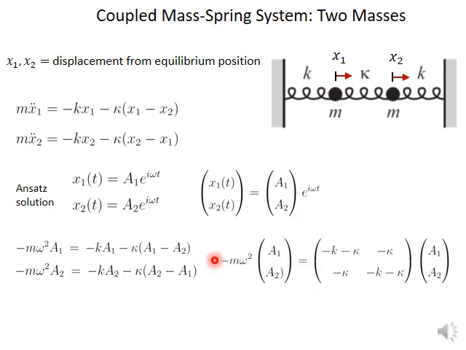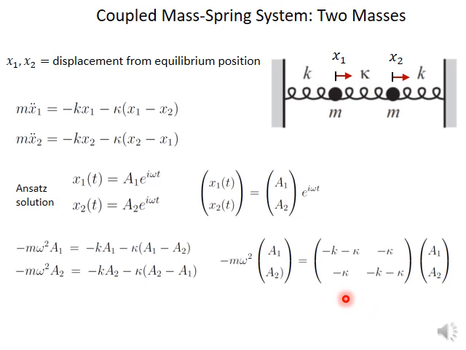Let's try to write them in a matrix form to make things a bit more systematic. So the left hand side can be written in this matrix form: minus m omega square multiplied by a column matrix a1 a2, or a vector, in which case the vector has two components, a1 and a2. There's some extra bracket here, equals the right hand side, which would be given by the same vector multiplied by a matrix.